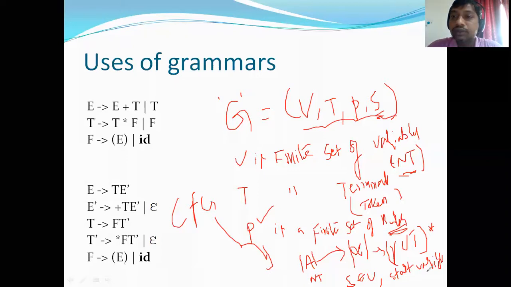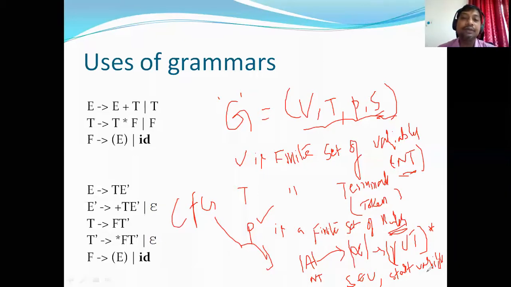If you want to know the process of syntax analysis, you need to know the grammars first. Why? Because grammar is the crucial thing. With the help of grammars only we are able to construct the parsers.